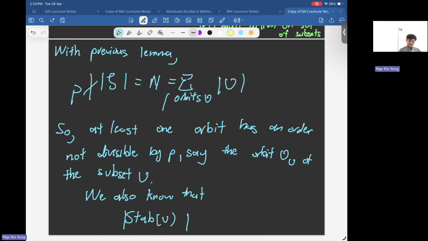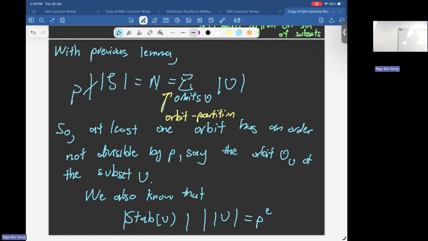This one is just the orbit partition. Okay, so the stabilizer of U should divide the order of U. But then do we know the order of U? We set it as p to the e, right? This is how we pick the subset.